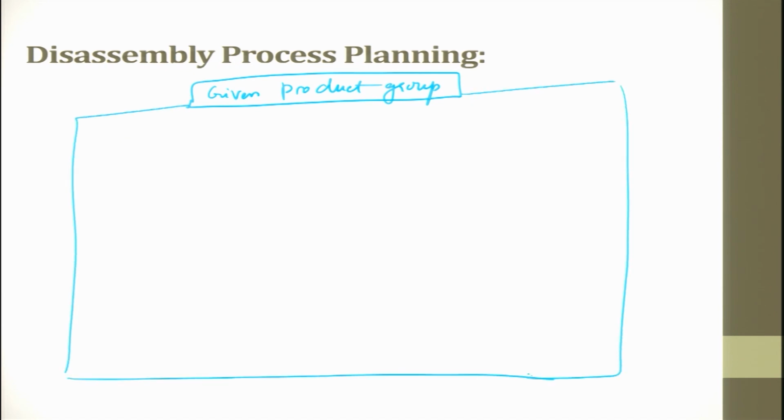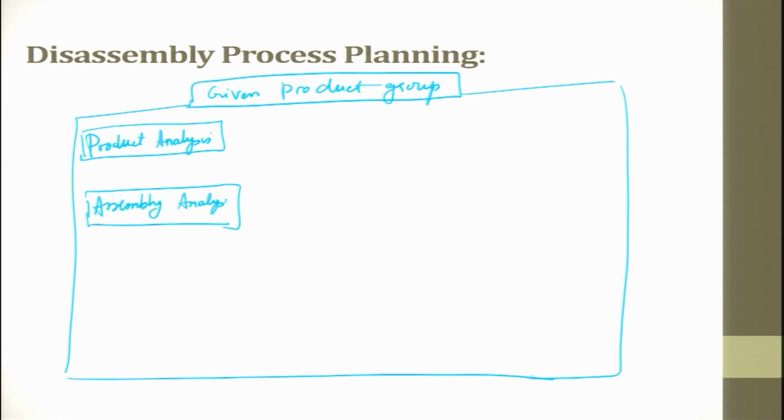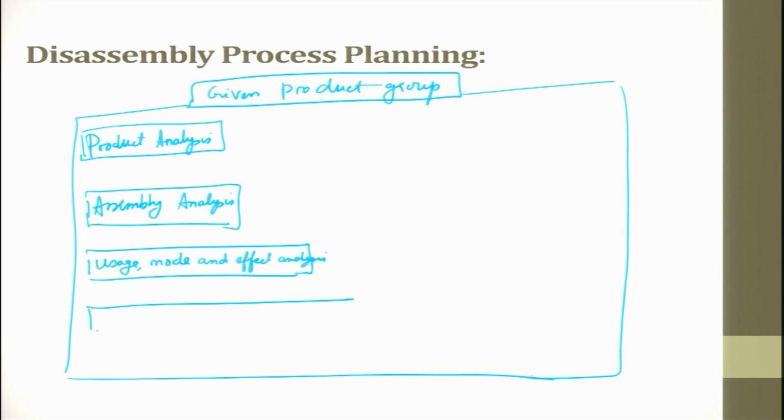Given a product group, you have product analysis, you have assembly analysis, you have usage mode and effect analysis, and then you have determining dismantling strategy.